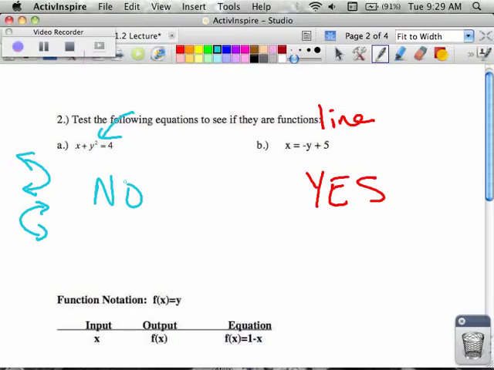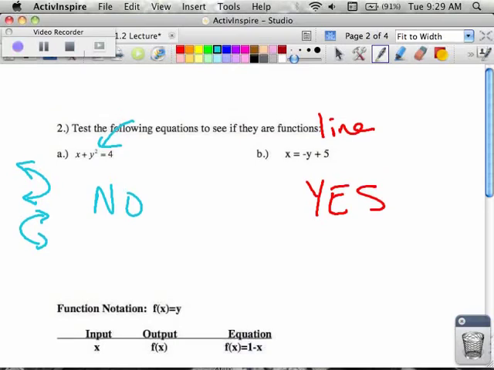If you were actually to do some algebra to see why this is true, if I solve for the y over here, I would have y squared equals 4 minus x. And then to get to y alone, I would need to square root both sides. And we talked about in our class, whenever you square root a variable, you have to go plus or minus.